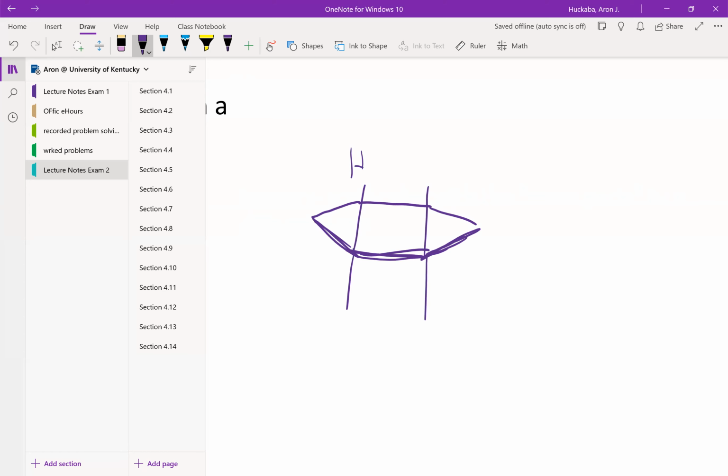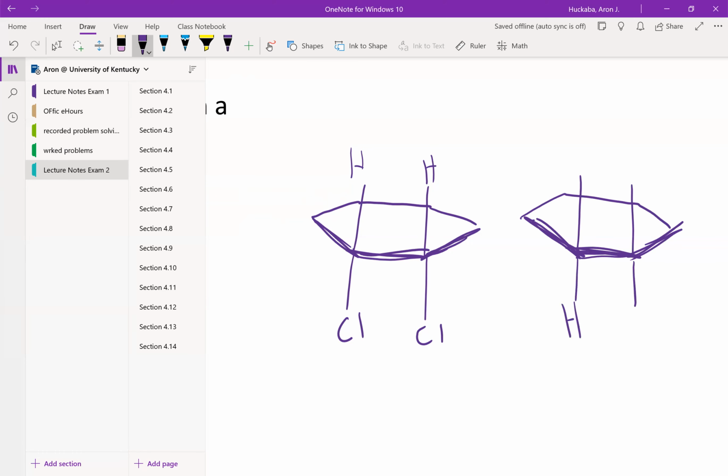If we had H's on one side and something else on the other side, versus having a mix like this where they're on opposite sides. The one where the chlorines are on the same side, we called a cis molecule, and the one where they were on opposite sides, we called a trans molecule, if you remember.